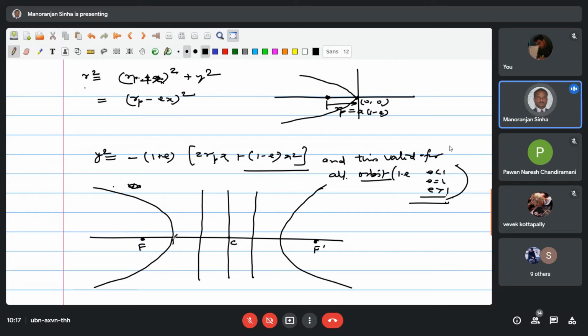Center to perigee distance is a, and then this constitutes apogee. From this focus, this is perigee, and from this focus, this becomes apogee.